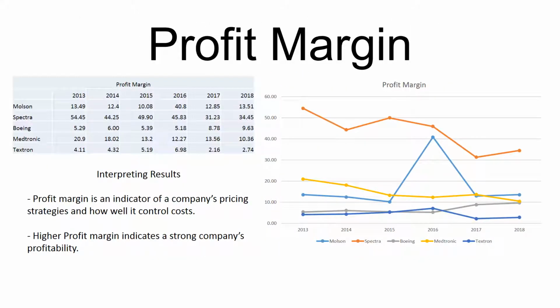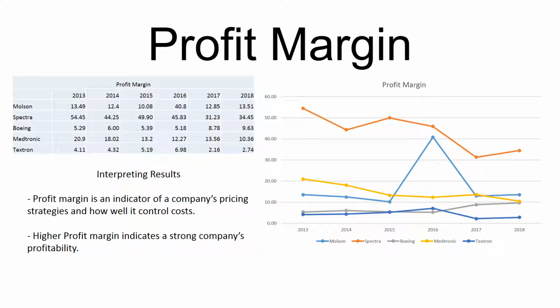Alright, so moving on into profit margin, as I was saying, we're trying to find companies with the highest profit margin. We can say the higher, the better, as profit margin is an indicator of a company's pricing strategies and how well they control costs, and it also indicates a strong company's profitability. If we observe the table, we can clearly see that Spectra excels in this area.